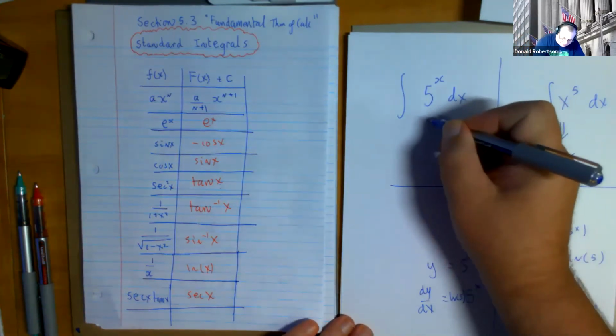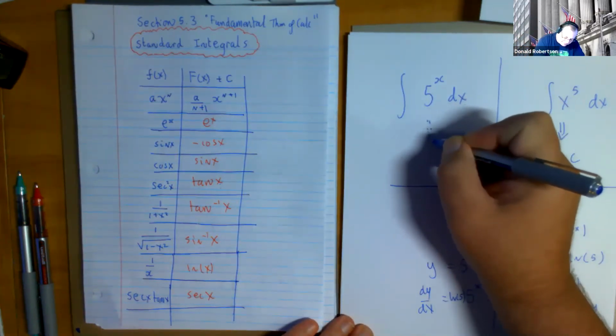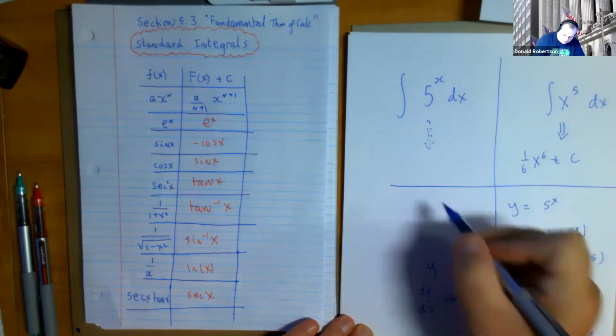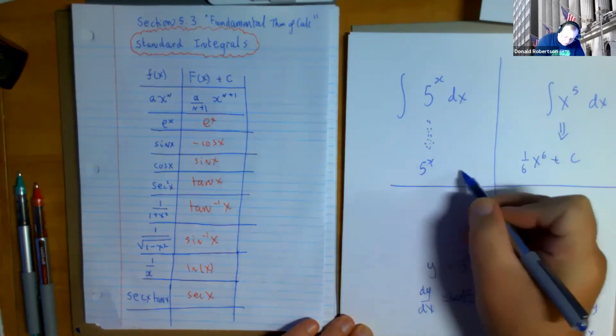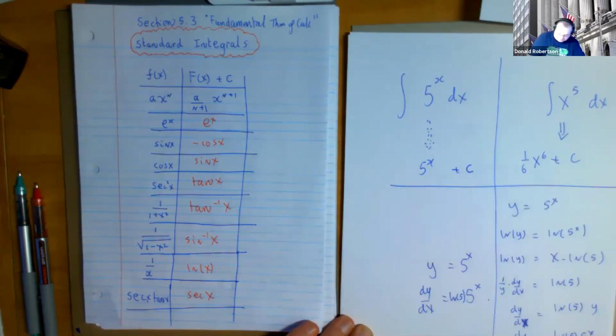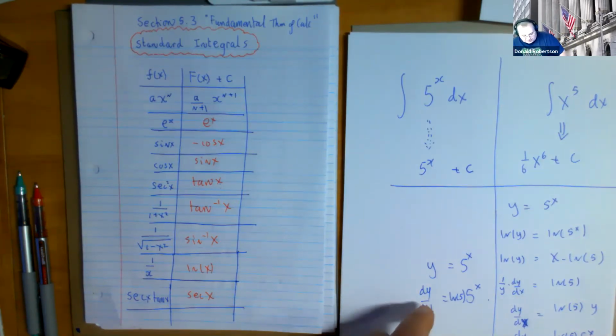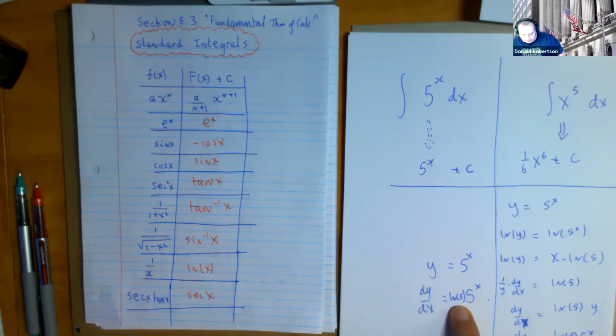The antiderivative of this guy has a 5 to the x in it, has a plus c, but it has one difference. Do you know that when you differentiate, you do one thing, but when you find the antiderivative, you do the opposite of that thing? When you differentiate, do you see how you multiply by log 5?